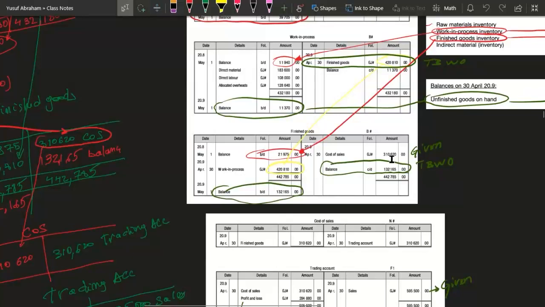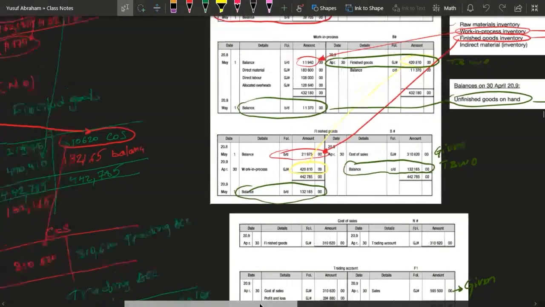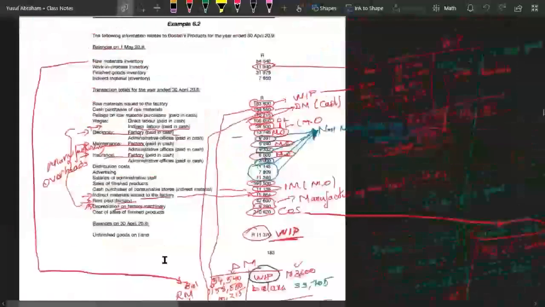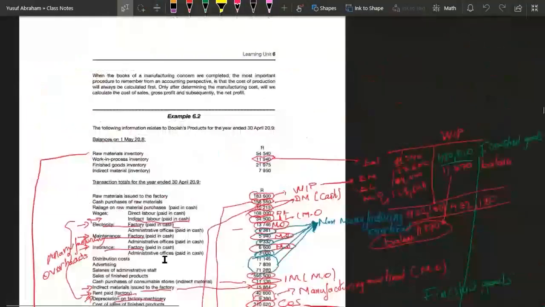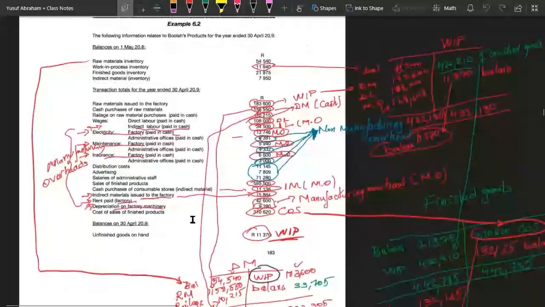But let's say, for example, they provided you already the cost of sales. Look at this example here, Example 6.2. They provided you the cost of sales of finished product.